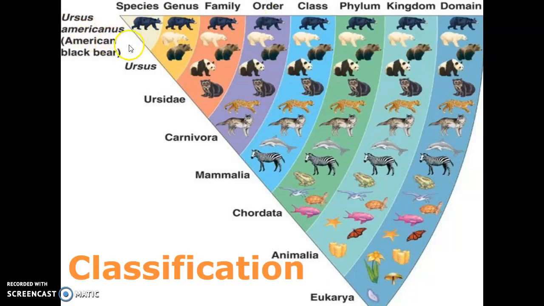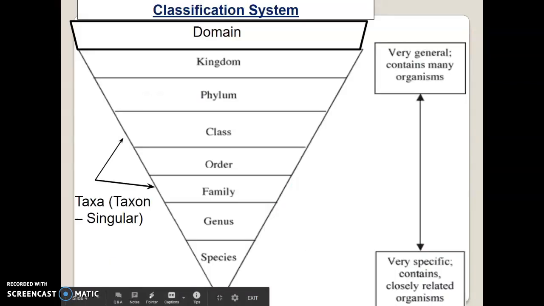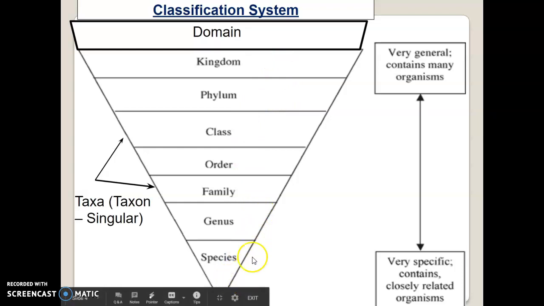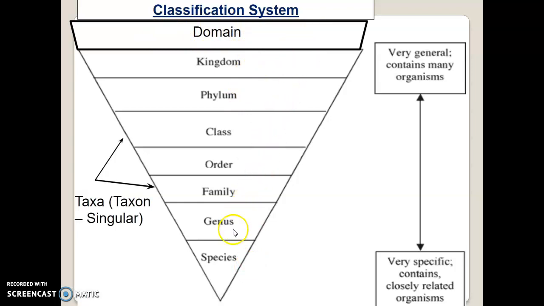And then the species is americanus. Now, the americanus here is a species descriptor. So a lot of times the species name, the species descriptor, is descriptive of some aspect of the organism. In this case, it would be geography. So as you look at this, as we go from the domain down to the species, each of these groupings, which are called taxon if you're talking singular, taxa if you're referring to more than one, they go from being very broad categories down to very specific.